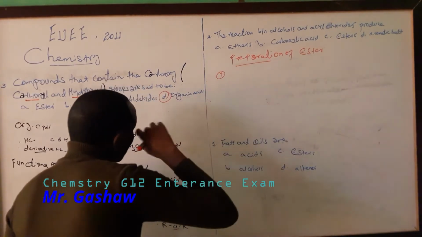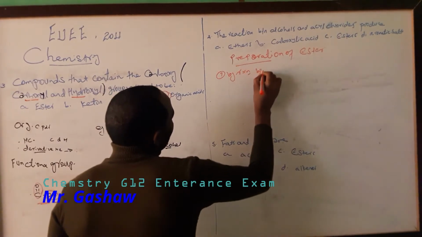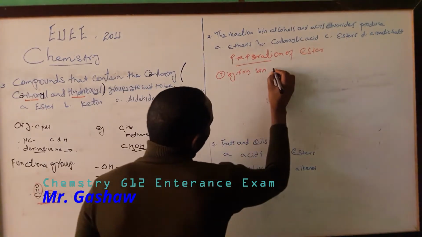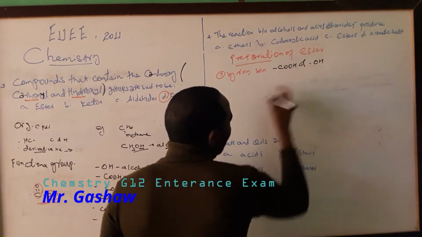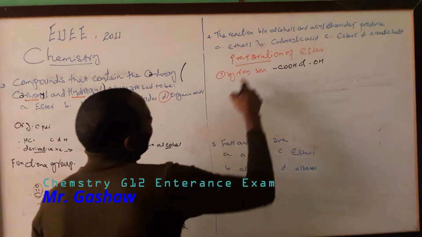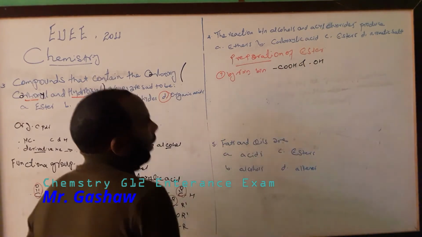Esters are prepared by the reaction between, first, carboxylic acid and alcohol. Between these, there is formation of ester. The second is the reaction between acyl chloride and alcohol, which also produces esters.